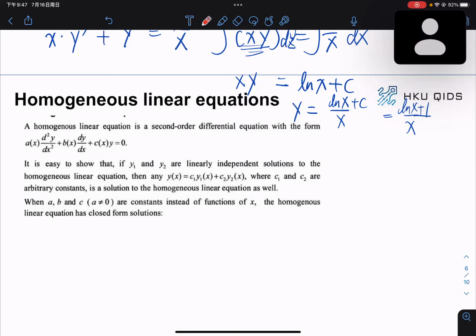So it has a function like a(x) multiplied by the second order derivative plus b(x), which we are going to see as the parameter, multiplied by the first order derivative plus c(x) multiplied by y. And this is going to be equal to 0, right?